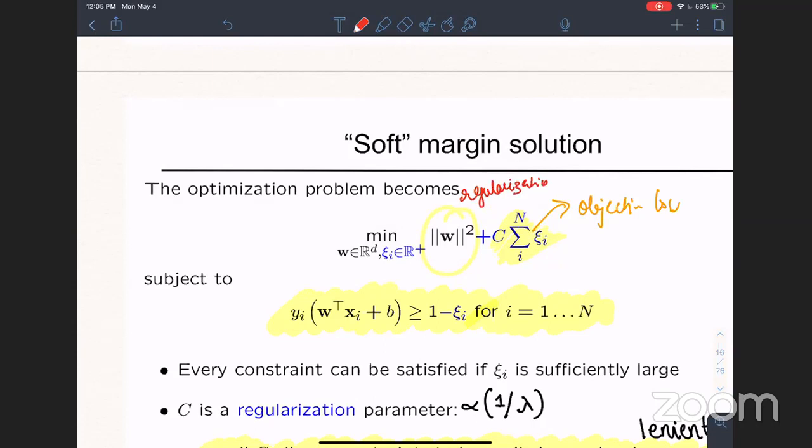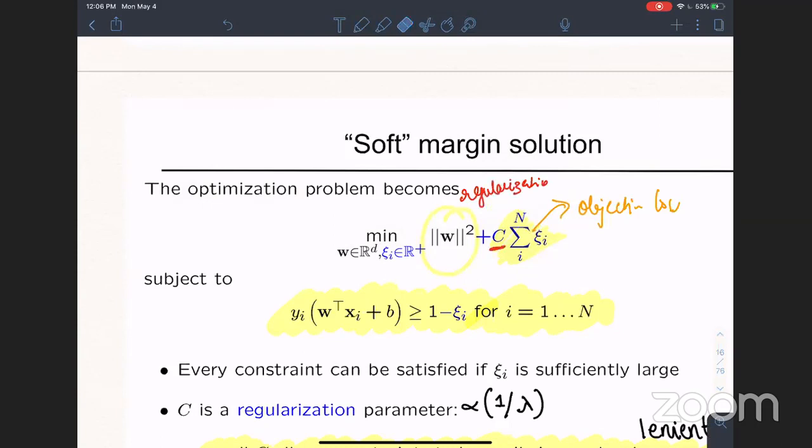So you can see C as the weight you want to assign to this loss.